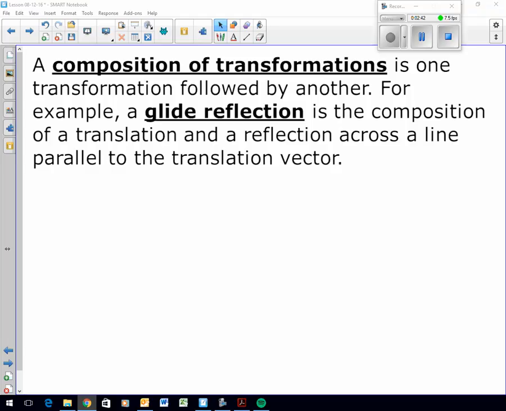You go to McDonald's, right? You could order a hamburger, French fries, or a drink. Or if you get a value meal, you can get a hamburger, French fries, and a drink in one, right? Composition of transformations is like getting a value meal. You can do all those things in one particular move.